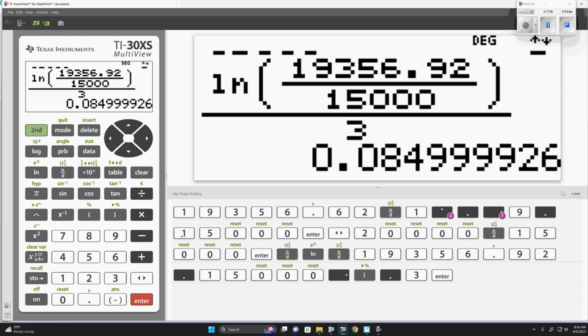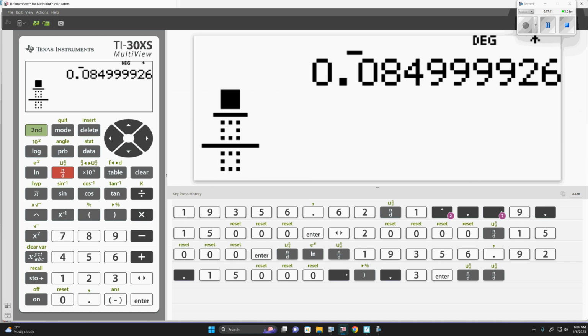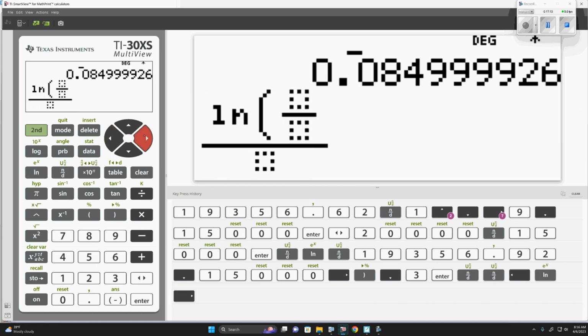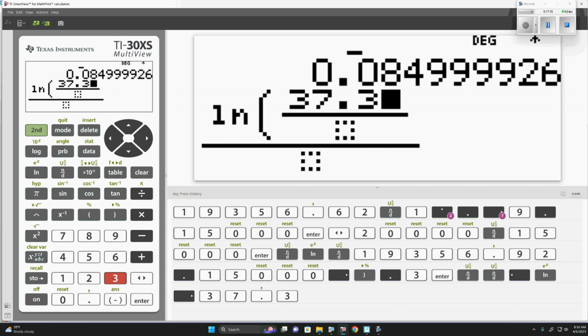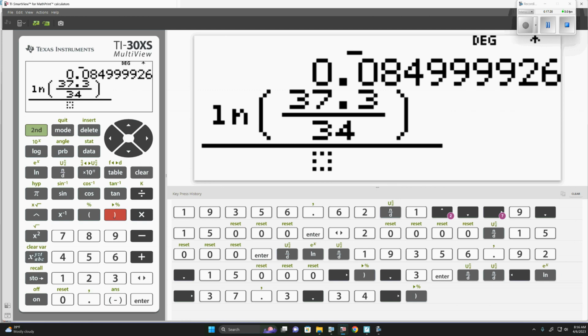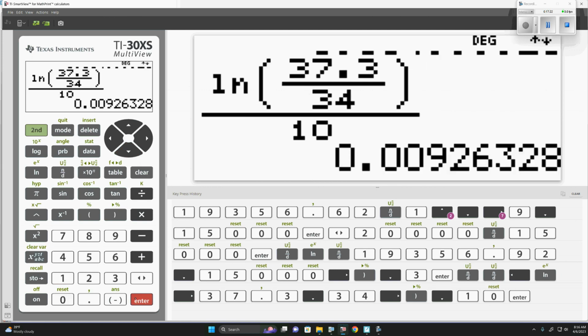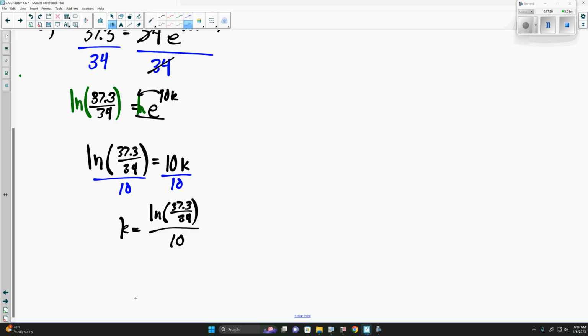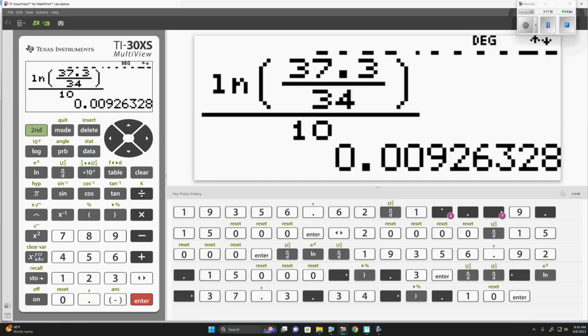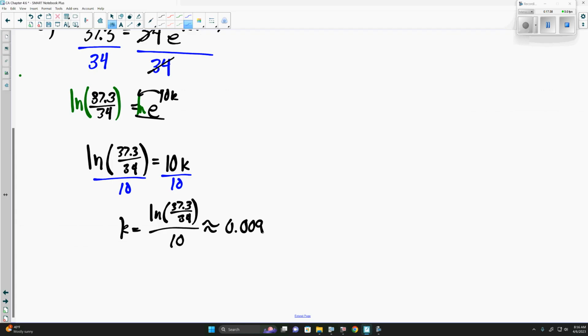In the calculator, ln of 37.3 over 34, divided by 10. 0.00926 is our decimal here.